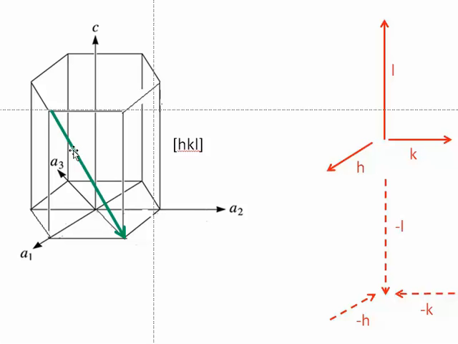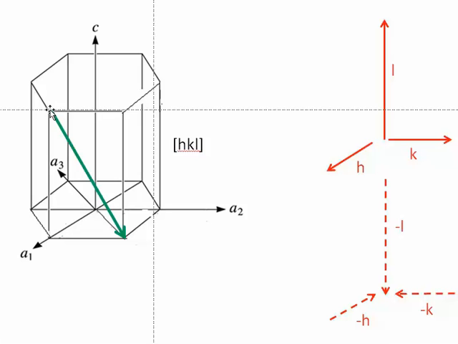Let's do another example. Let's see how we can represent the vector shown, again in green, but this time going from a different starting point to a different ending point. Let's see how we can represent that direction in terms of h, k, and l. And to help us with this task, I've also drawn vectors that represent the negative of h, k, and l.